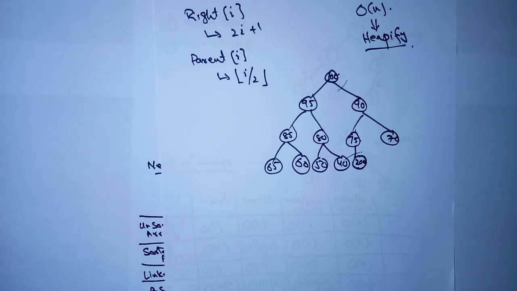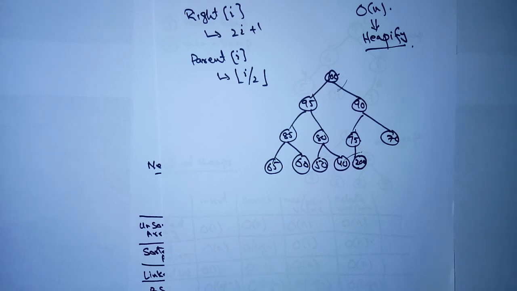Then we defined the heap, that a heap is a binary tree, right? And we discussed the max heap and the min heap, why we need the heap, and also the array representation of a heap, right?